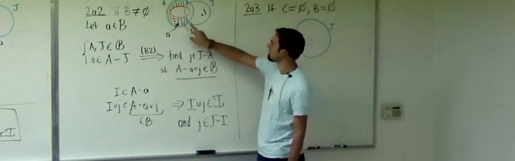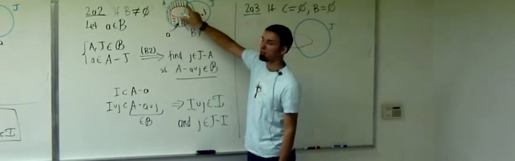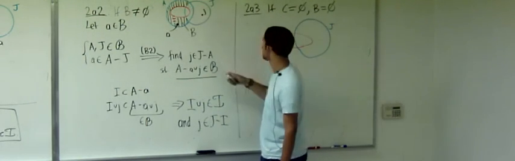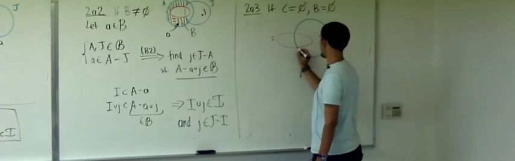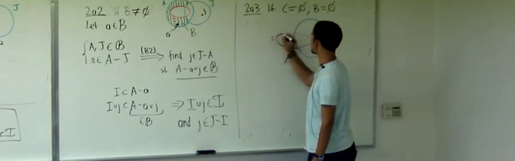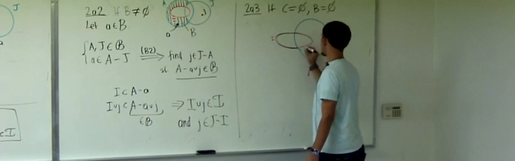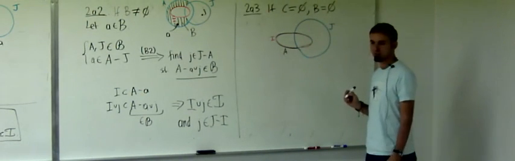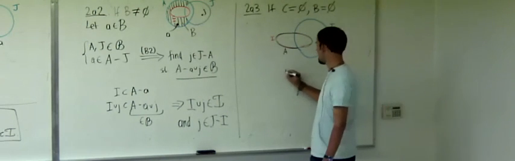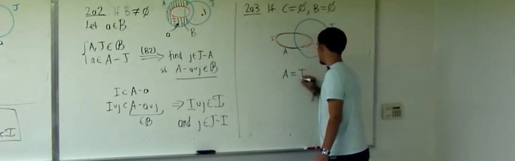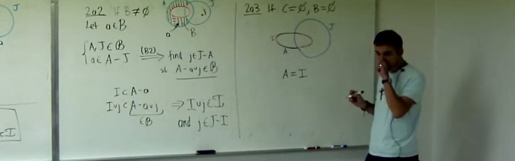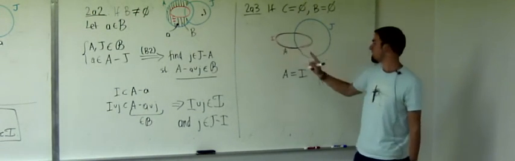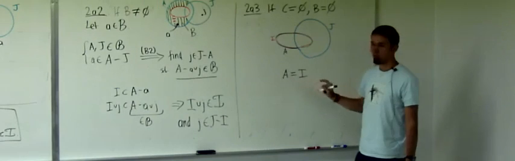Well, there's nothing here, and there's nothing here. So this is A. In other words, A is equal to I. If C is empty and B is empty, then I is equal to A.